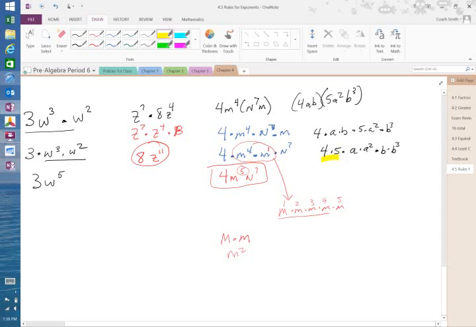Now the 4 times 5 is 20 times a to the 3rd times b to the 4th, which is 20a to the 3rd b to the 4th. Okay, and that is your 4 answers. 3w to the 5th, 8z to the 11th, 4m to the 5th, n to the 7th, and 20a to the 3rd, b to the 4th.